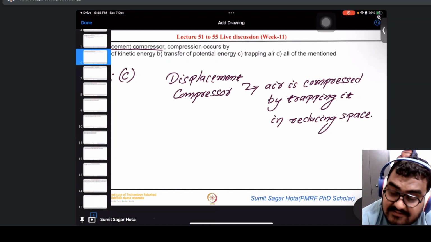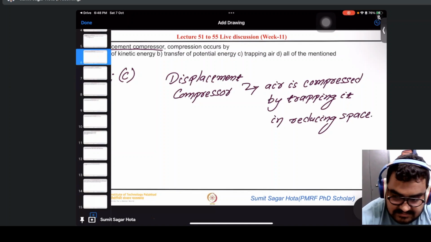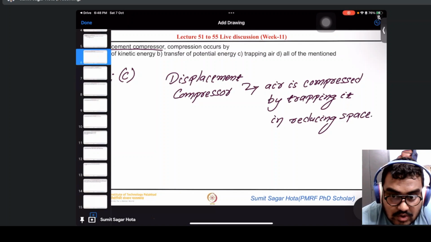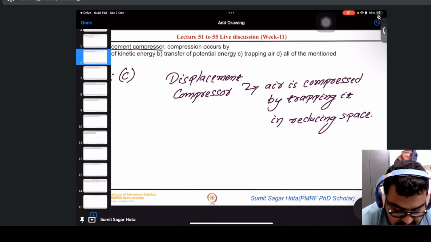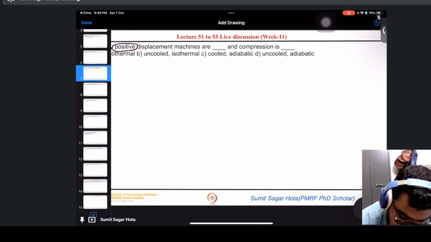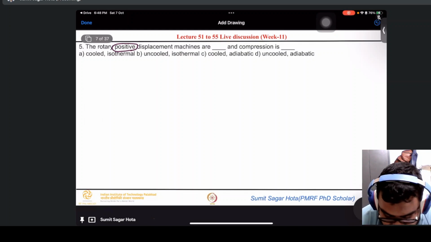If all these things are going on, what does it mean? It cannot be a cooled one. It's an uncooled type. Uncooled means here we don't need any kind of cooling.